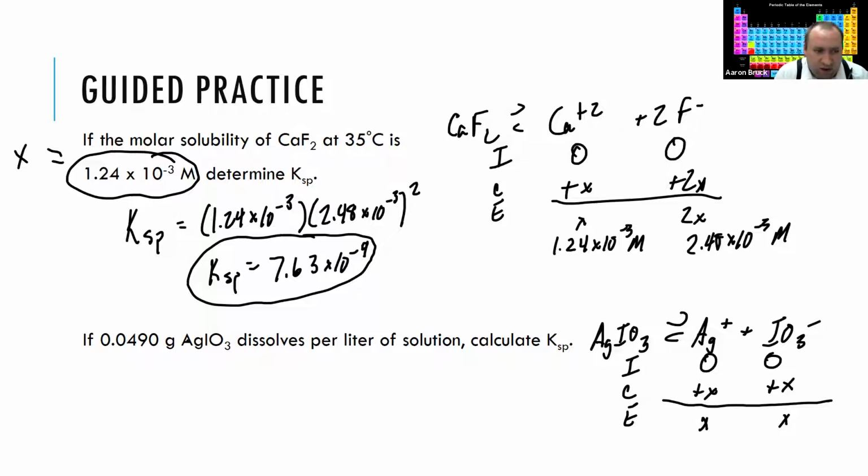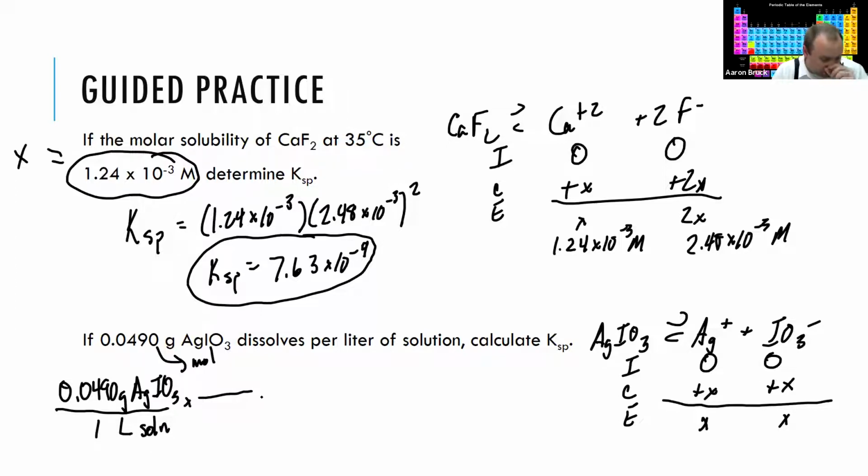To figure out the molar solubility, I need to turn these grams into moles and take you back to your Chem 105 days. We just need to convert the grams into moles using a molar mass. So I need the molar mass of silver and the molar mass of the iodine and the oxygen.